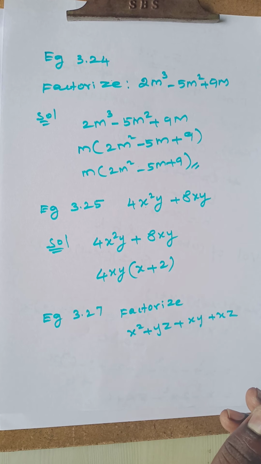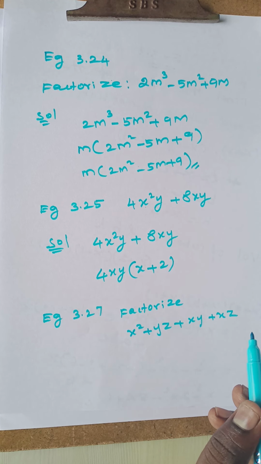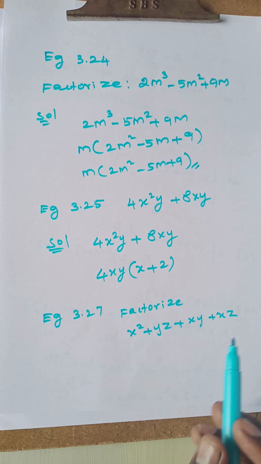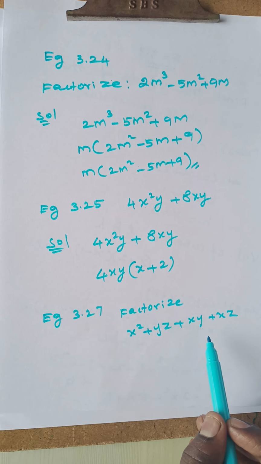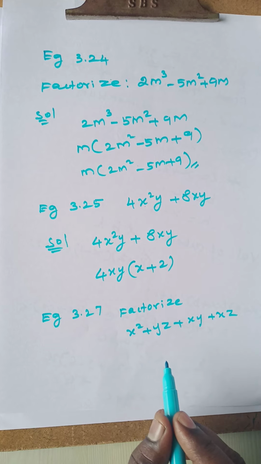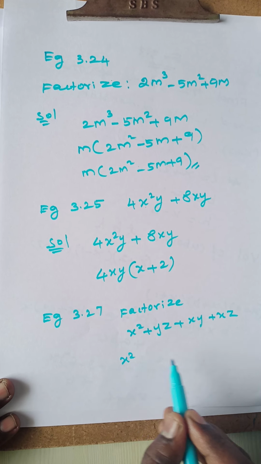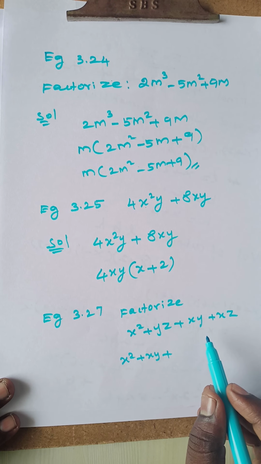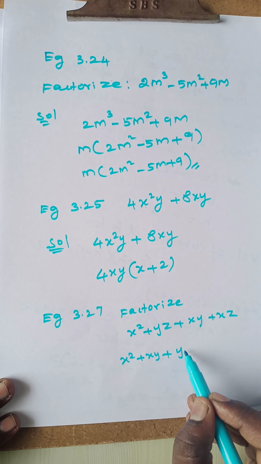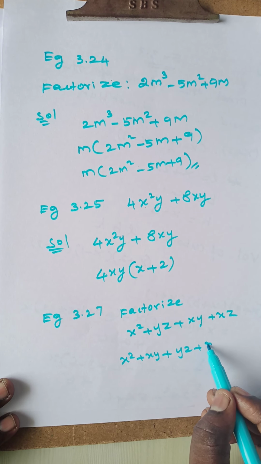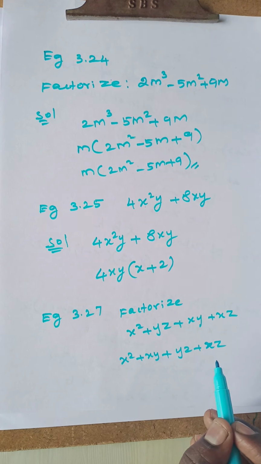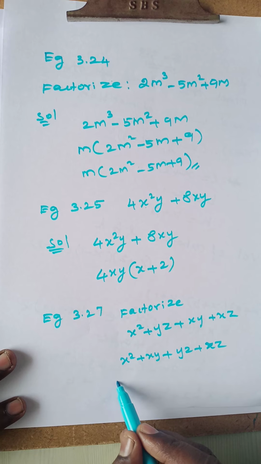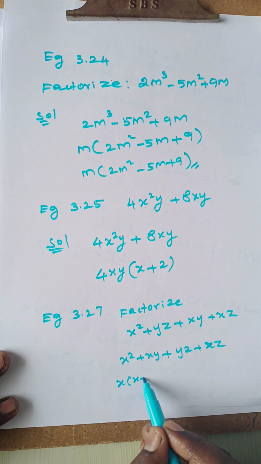Okay, just listen. You can compare to the first: x square plus xy plus yz plus xz. Now what is the common value? x, taking out, the remaining value is x plus y.